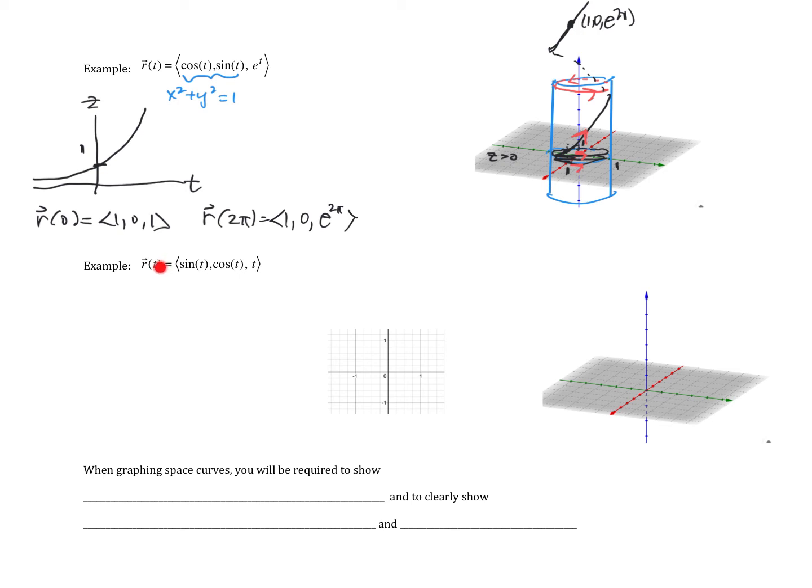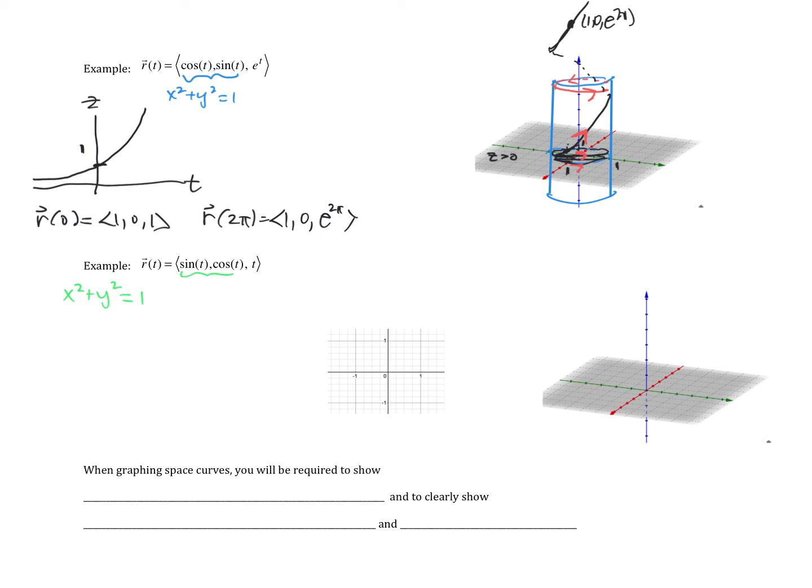Here's a similar problem. This actually is also a helix. We're going to look at a lot of examples that are more interesting than a helix, but just to get our basics down, if we were to take x squared plus y squared here, we would get sine squared plus cosine squared, which is again 1.